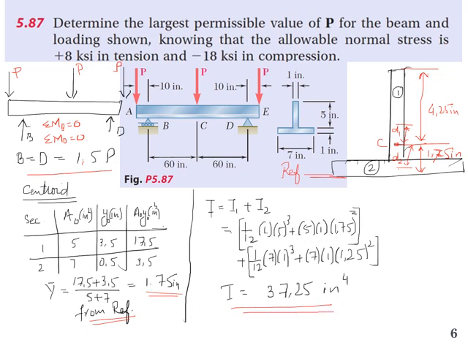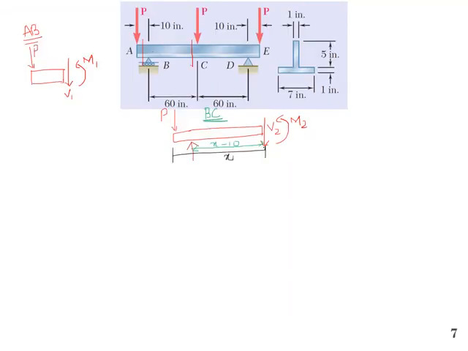So now let's draw the shear force and bending moment diagram for this problem. First we take a section, considering segment AB. Shear force acting downward will be positive, since we are going from right to left like this. So V1 plus P is equal to 0, and V1 is equal to minus P, and this is valid for section AB.